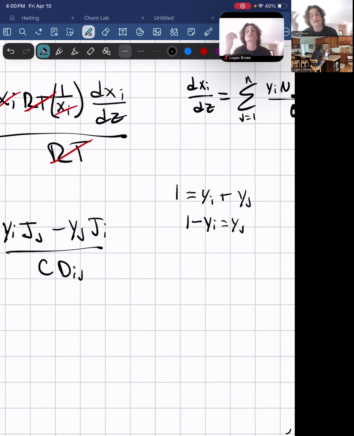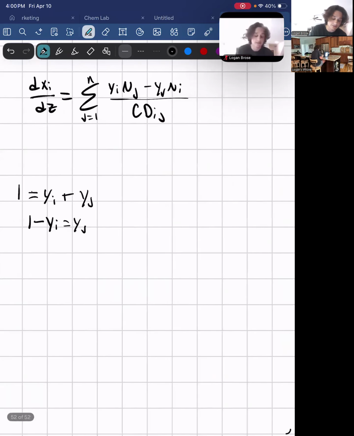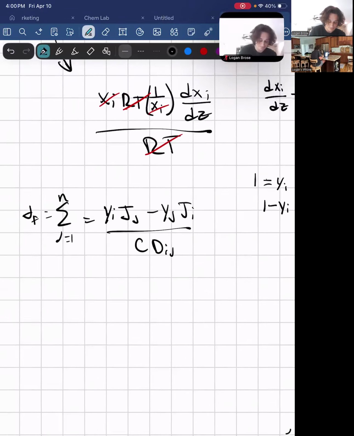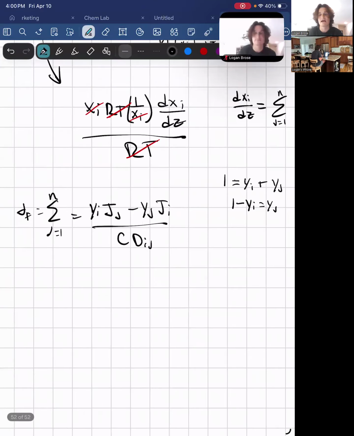You can do the same thing for the molar diffusive flux, just if they sum to 0, right? So our ji plus our jj equals 0. So therefore, negative ji equals jj. And so we can plug these in to simplify this down in our two-component system, right?